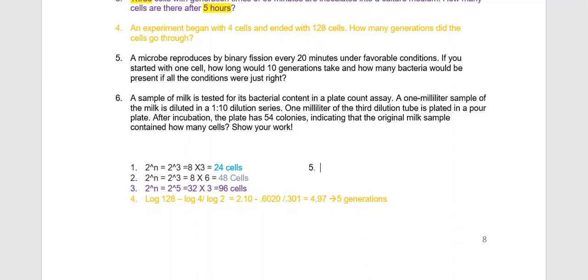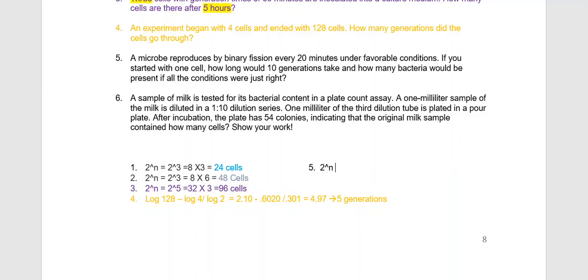If you started with 1 cell, how long would 10 generations take, and how many bacteria would be present if all conditions were just right? So we could use 2^n. And the reason that we could use 2^n is because it tells us on here how many generations we would get.